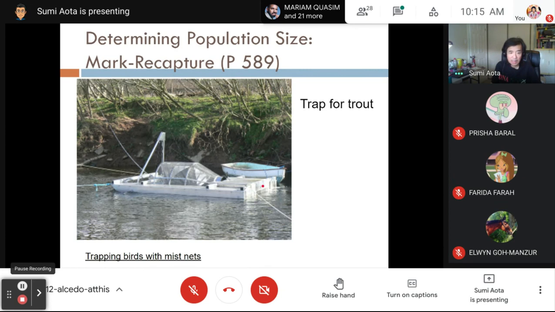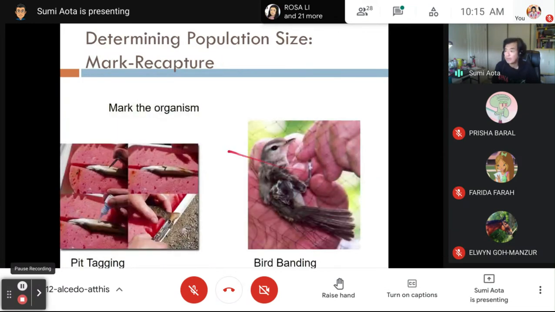Okay. The next thing you need to do is mark the animals. I've pit tagged. Pit tagging basically means you anesthetize the fish, you open up their bellies, you put a little radio tag, a pit tag, into the belly, and then you basically stitch them back up or glue them back up.